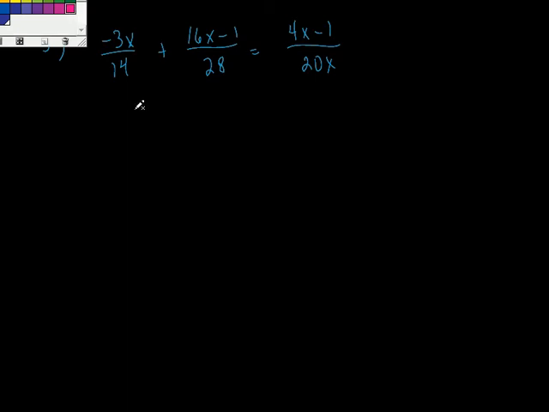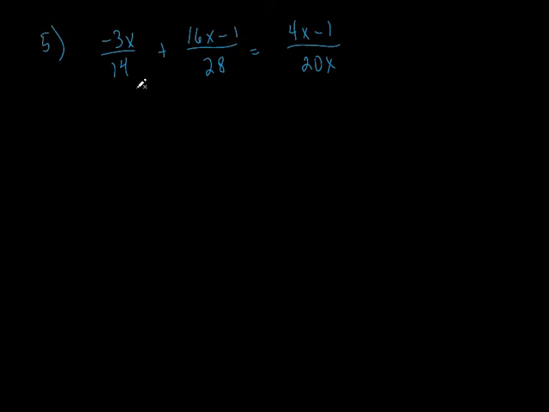So negative 3x over 14, say x, let's see where we got, plus 16x minus 1 over 28 equals 4x minus 1 over 20x.